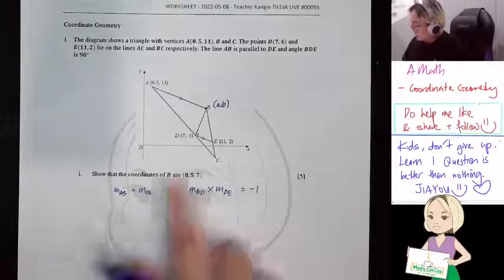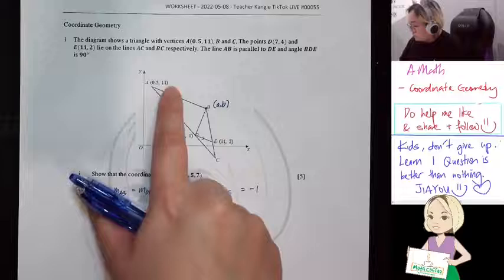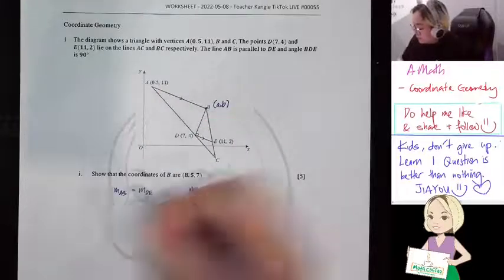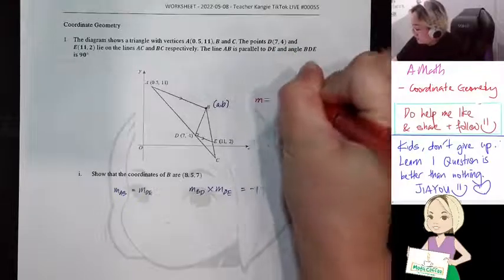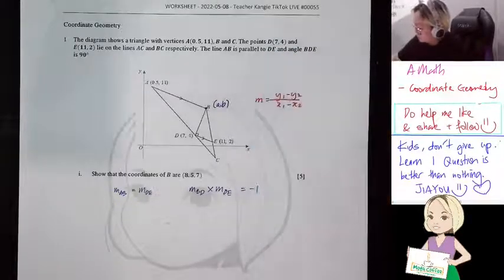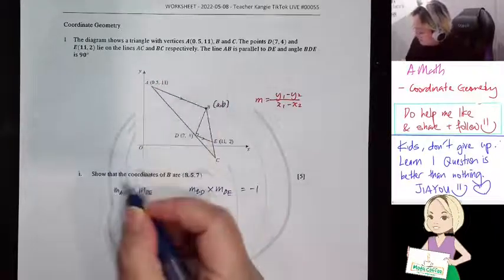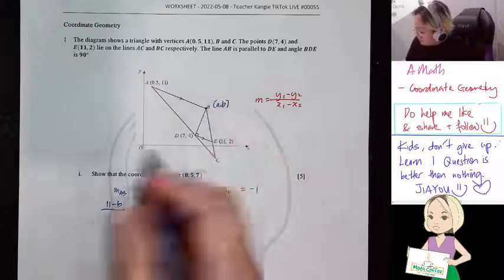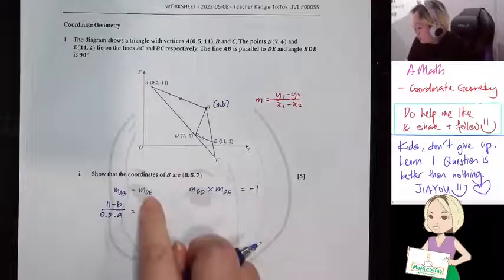So gradient AB, I will write as (11 - b), so it's y1 minus y2. Take note that the gradient formula is (y1 - y2) over (x1 - x2). So gradient AB, I will take (11 - b) over (0.5 - a), equals gradient DE.